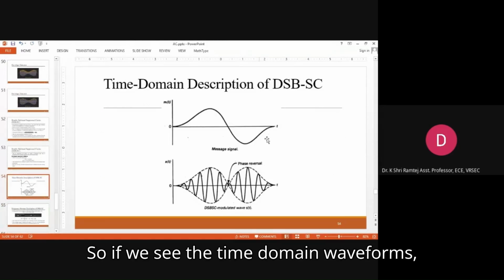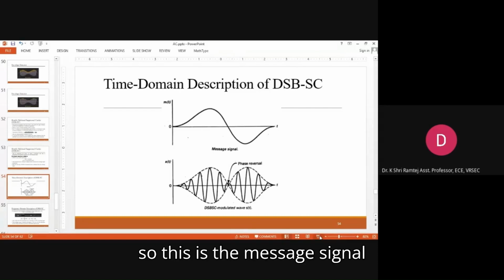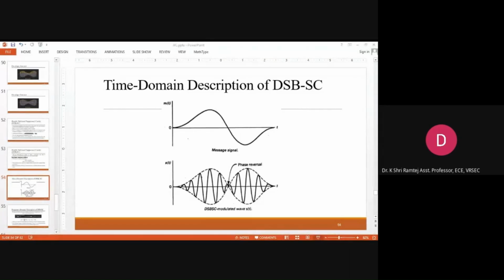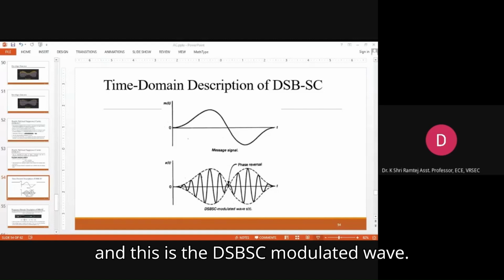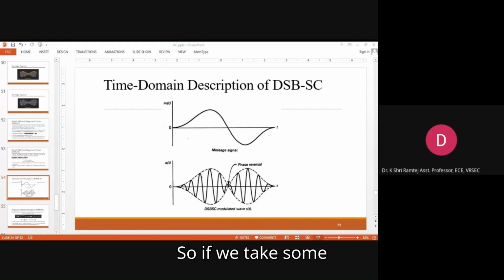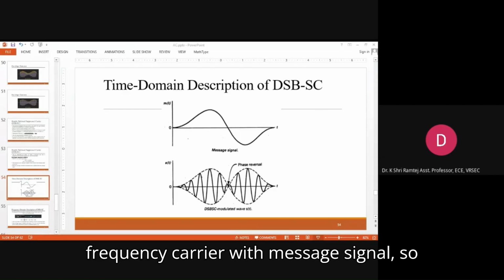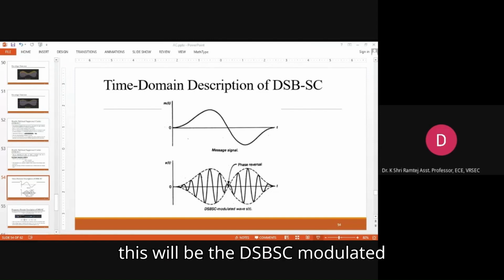If we see the time domain waveforms, this is the message signal and this is the DSB-SC modulated wave. If we take some signal as a carrier and multiply this high frequency carrier with the message signal, this will be the DSB-SC modulated wave.